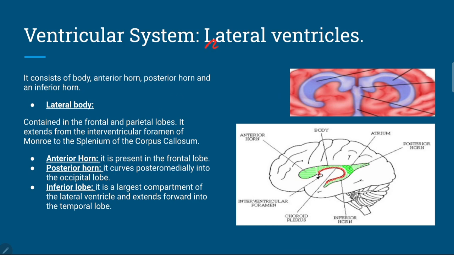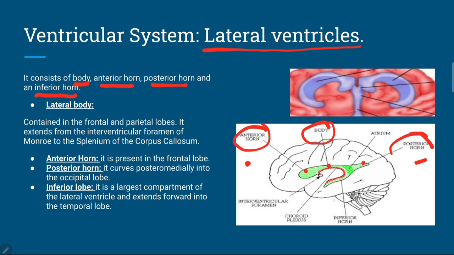So the very first one we're going to look at is the paired ventricle, which is the lateral ventricles. It consists of a body, anterior horn, posterior horn, and the inferior horn. If you look at this image, you'll see the anterior horn right there. Then we have the body here, the posterior horn right there, and then of course the inferior horn right there.